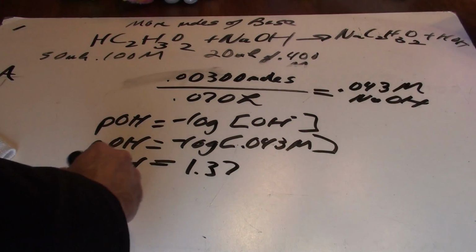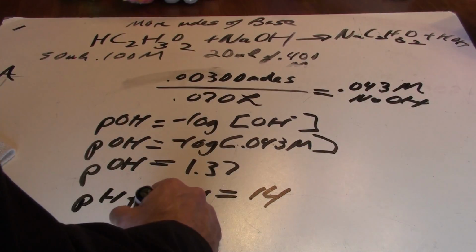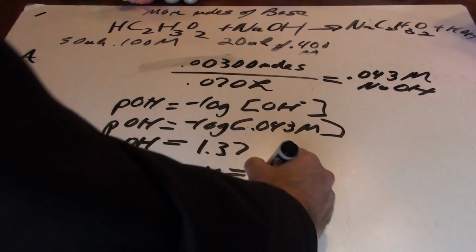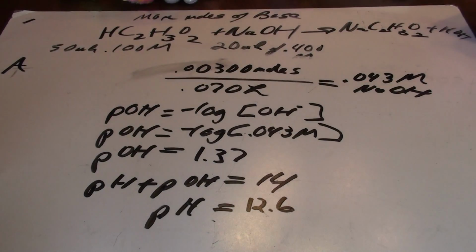And then the pH plus the pOH is equal to 14, so our pH is going to be 13.6.